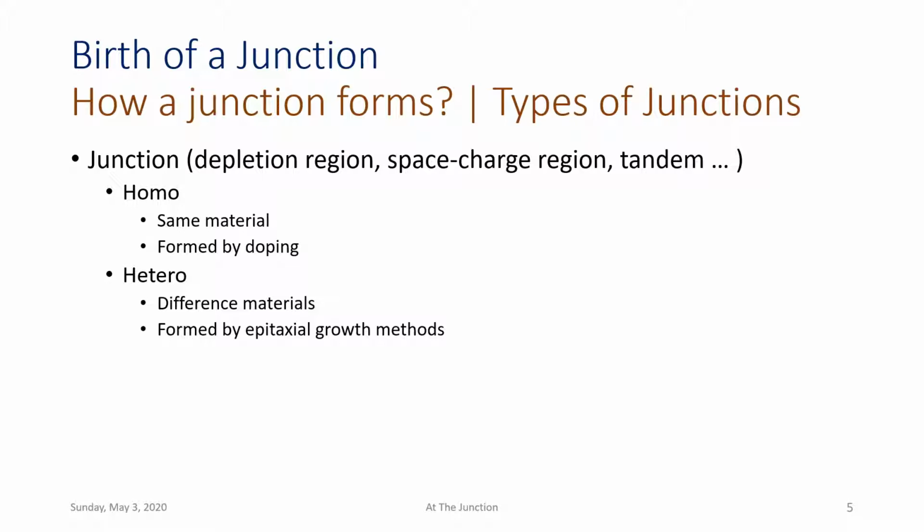The other type of junction is the heterojunction. In the case of a heterojunction, the materials are different, and these are formed using epitaxial growth methods. So one material could grow on top of another material to form the junction.